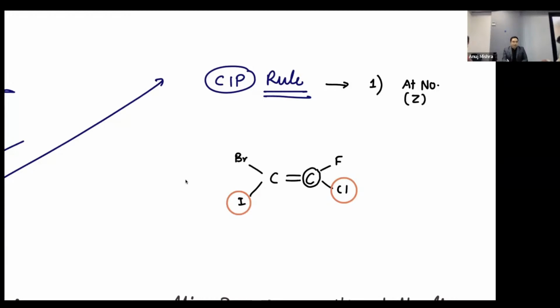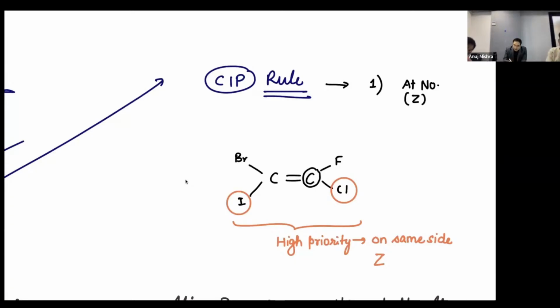Now, if both high priorities are on the same side, then we call it Z. So this structure is a Z structure. The rest you write the name, as in fluoro, bromo, iodo. You write the name, but this is Z form.